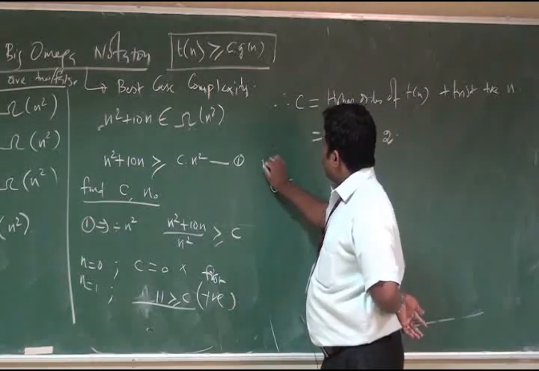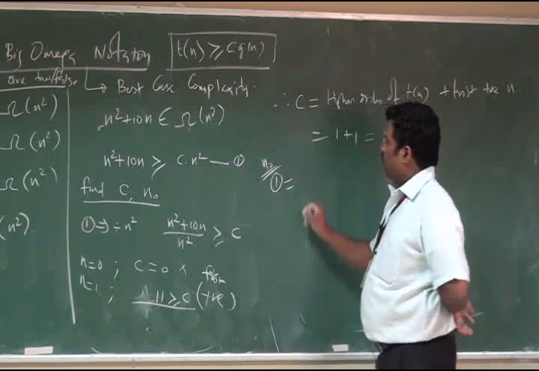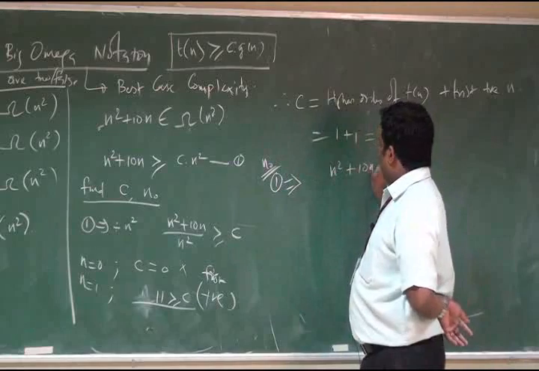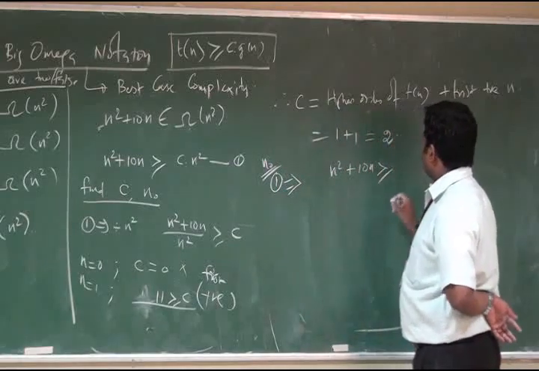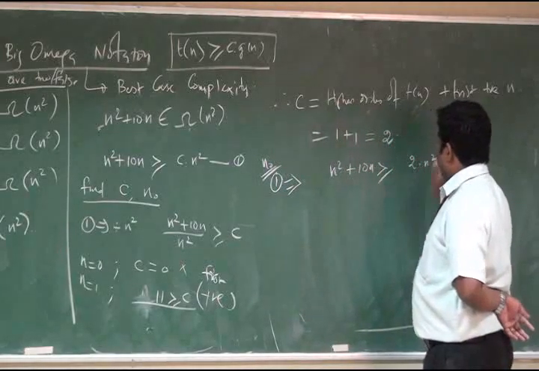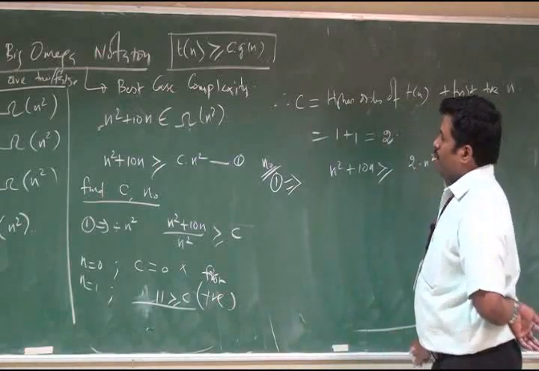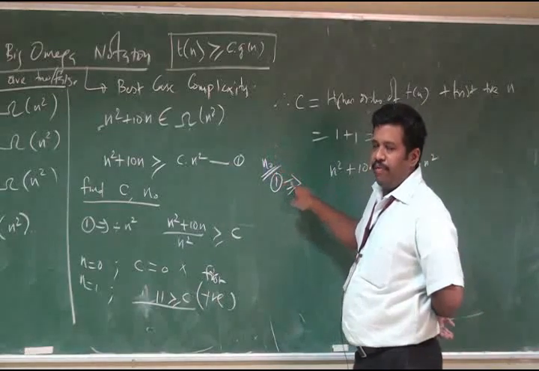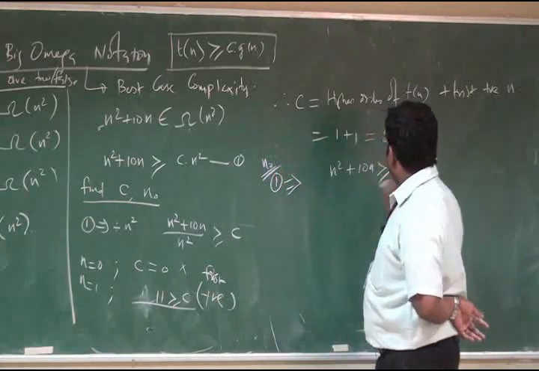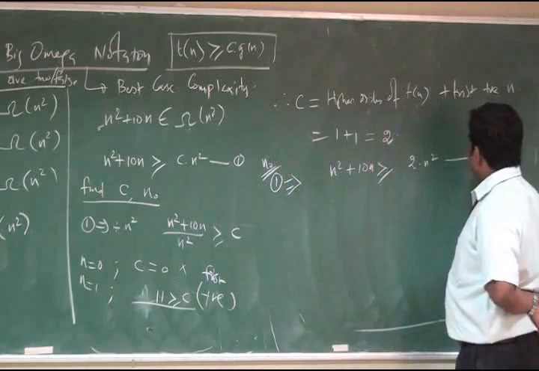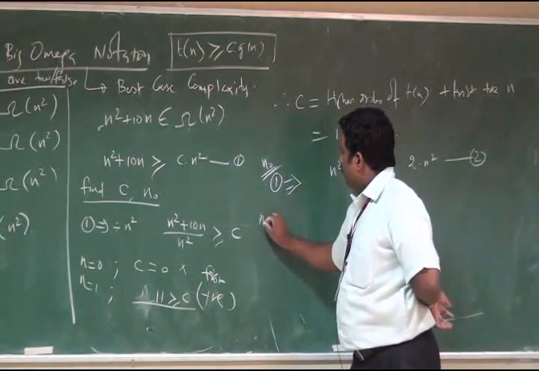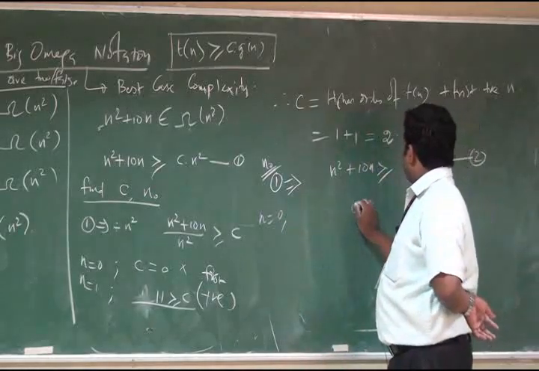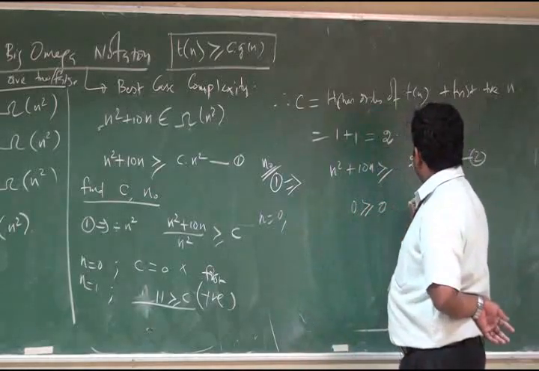Now you are supposed to determine the break even point n naught. So equation 1 can be rewritten as n square plus 10n greater than or equal to 2n square. Okay, so now we are supposed to find the n naught value. Now substitute various input instances into equation number 2. So n is 0 first. You are getting 0 is greater than or equivalent to 0.